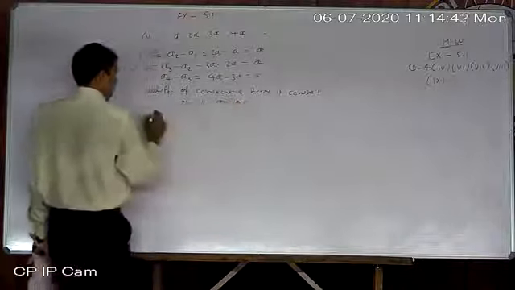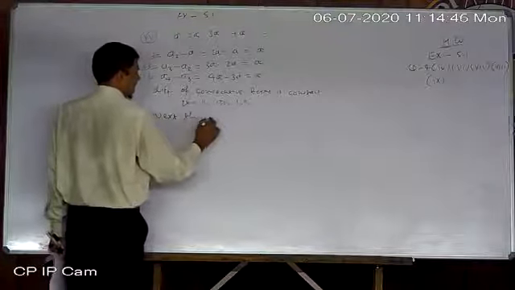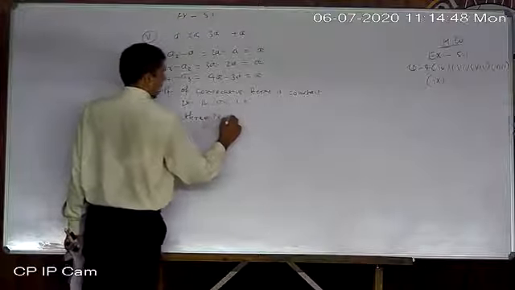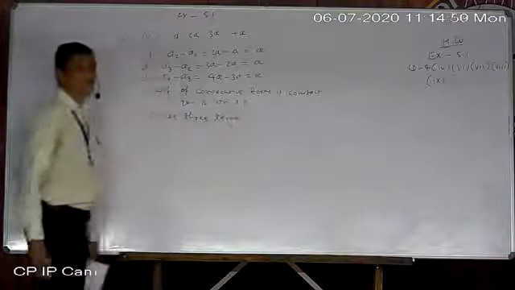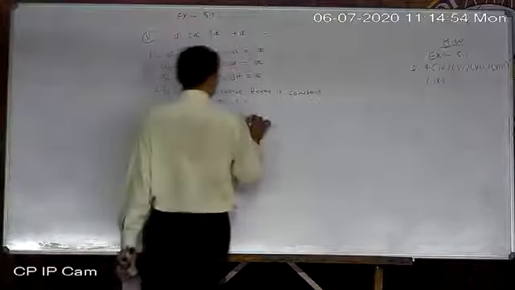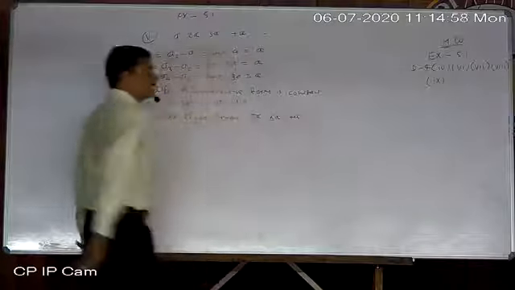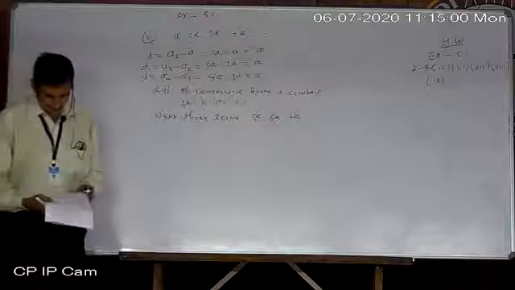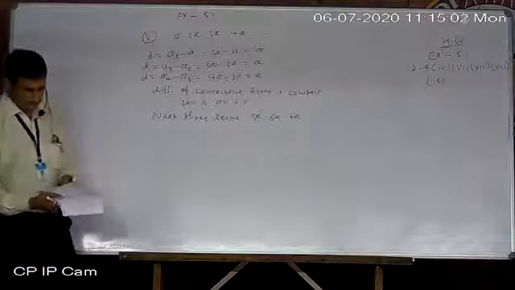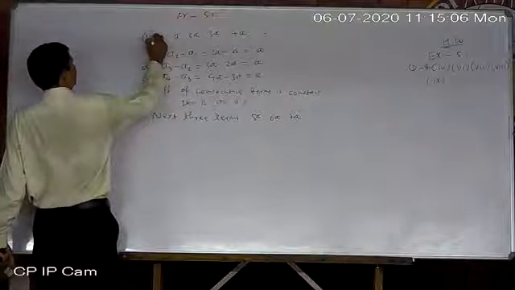Now the next 3 terms. Very obvious: 5A, 6A, 7A. Okay. Now look at number 9. Okay, this was number 8.